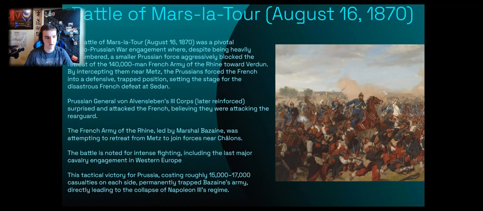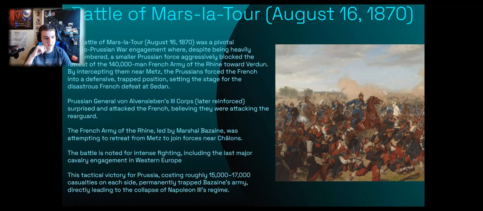The Prussian General von Alvensleben's Third Corps, later reinforced, surprised and attacked the French, believing that they were attacking the rear guard of the French Army of the Rhine, led by Marshal Bazaine, which was attempting to retreat from Metz and join the forces at Chalons.